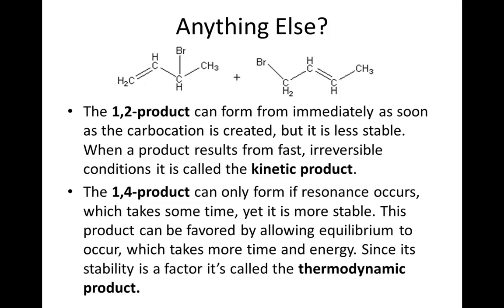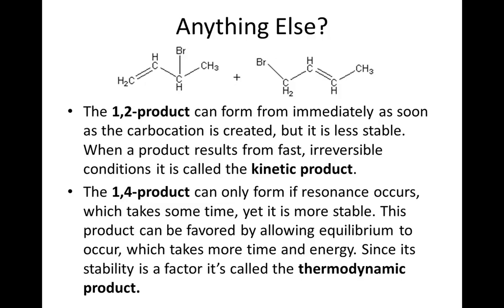If you're going to observe the 1,4 product at all, you have to have had some little amount of time, and it has to have gone through resonance, and if you get it, it will be more stable. And so you can favor how much of that you get by allowing equilibrium to occur. And equilibrium means that you've not only got more time, but usually you have a little more energy in your system.